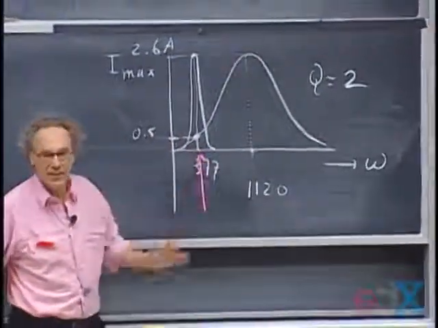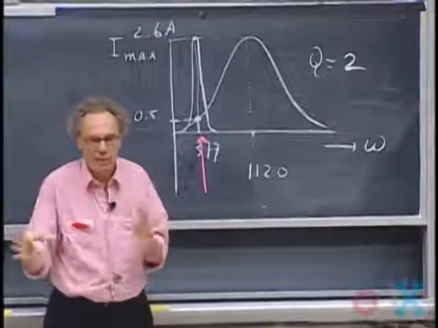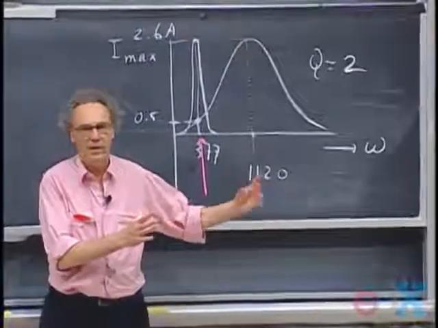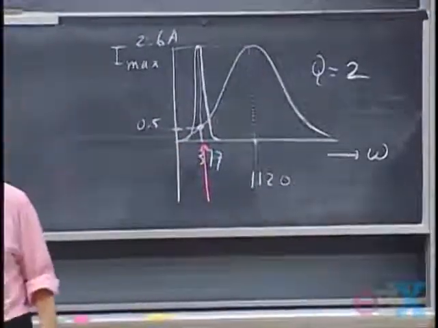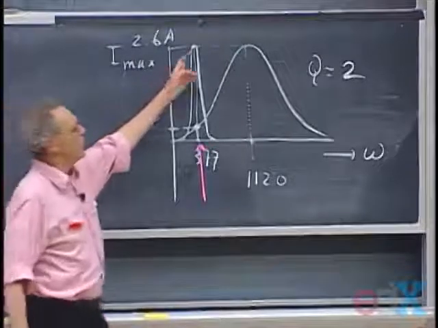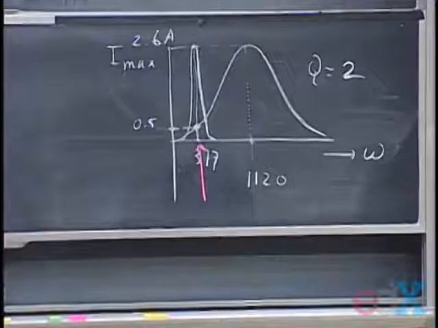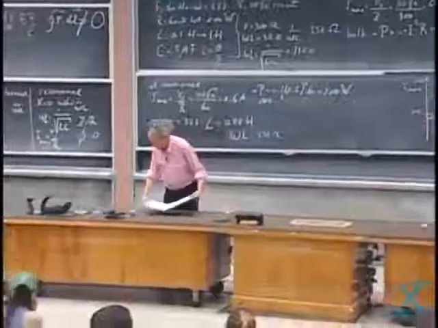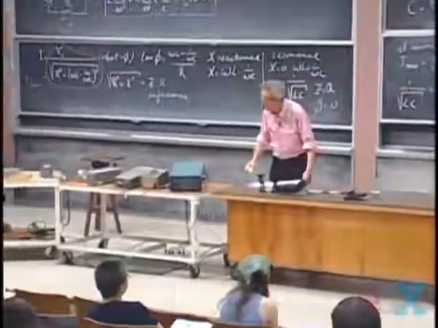You won't see any light, and I'm going to move the bar in. I probably don't have to move it in all the way, and then the light bulb will go through resonance. The system will go through resonance. You will get your 2.6 amperes, and the light bulb will be happy. And so let's do that now.